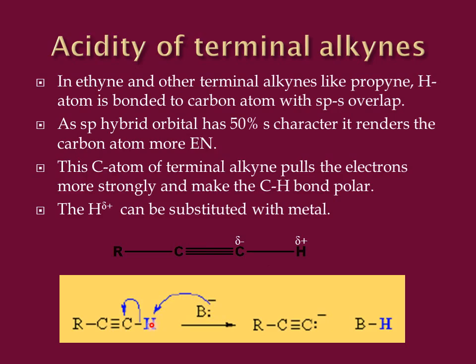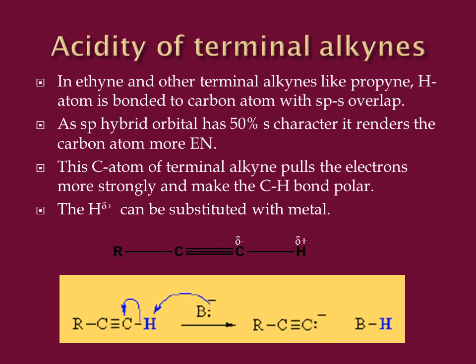The bond between carbon and hydrogen is going to shift onto this carbon atom as a negative charge, making a carbanion. Remember that we studied carbocation, a carbon carrying a positive charge. But over here you can see that there is a negative charge on the carbon atom, which shows that terminal alkynes can donate their protons, showing acidic character.